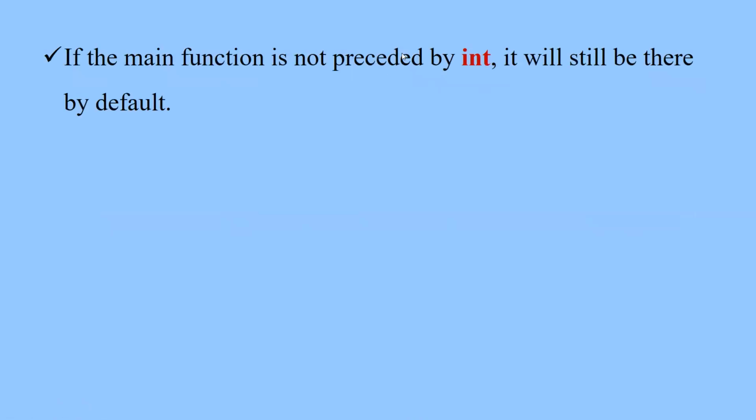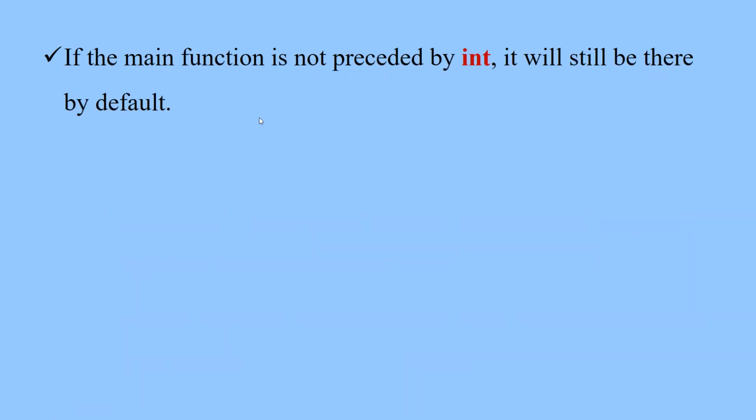So if the main function is not preceded by int, it will still be there by default. In other words, even if you don't include int main, it will still be assumed to be there by the compiler.